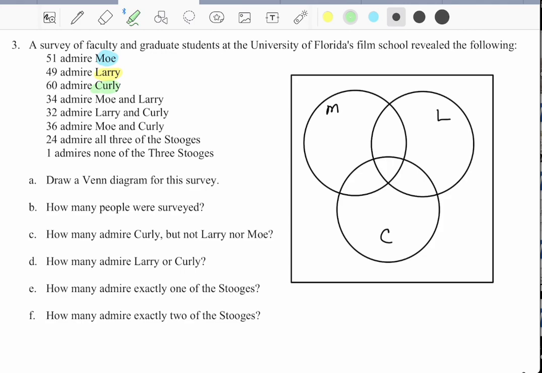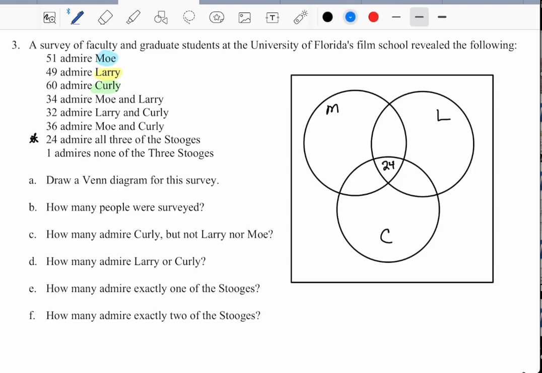What I like to do is wherever possible, account for the overlap first. So I would jump right on down to the case where all three of them are accounted for. I would start with this one here. 24 admire all three. So that I know is going right in this little wedge there.